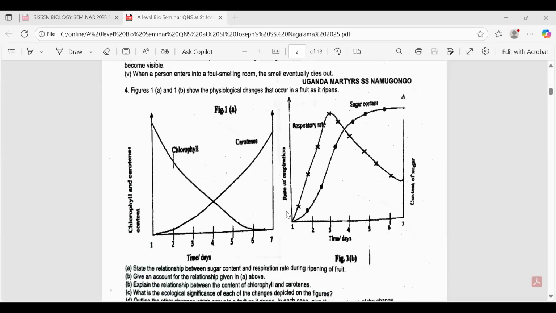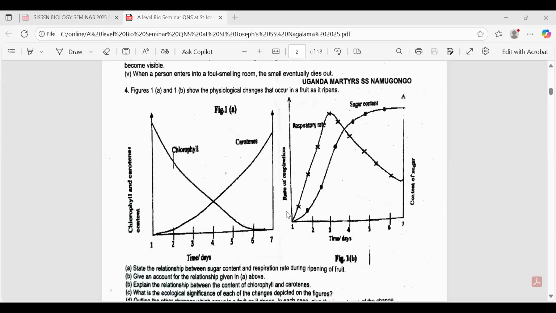And then explain the relationship between the content of chlorophyll and, here we have the two graphs actually. Oh, sorry. In B we are describing figure 1B. So you see the respiratory rate here.